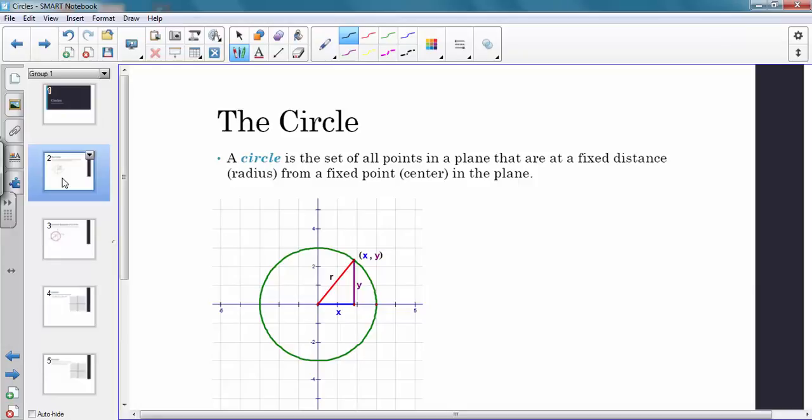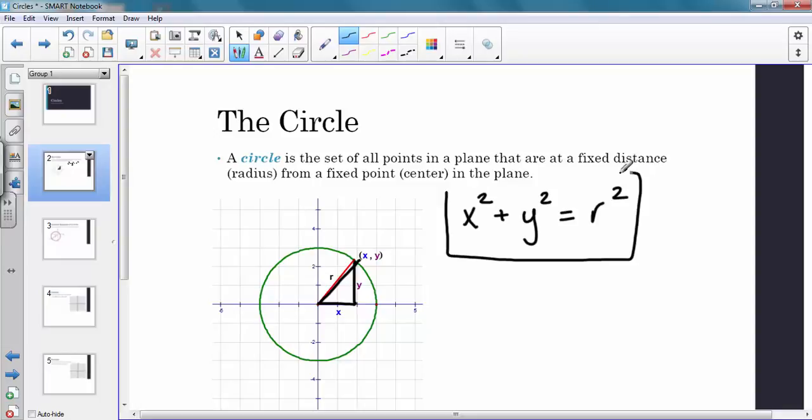Then, using the Pythagorean theorem, we have side adjacent squared, so x squared, plus side opposite squared, or y squared, equals our hypotenuse squared, or r squared. So we define the circle algebraically by the equation x squared plus y squared equals r squared.